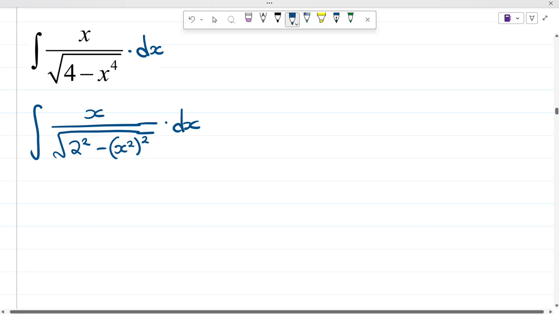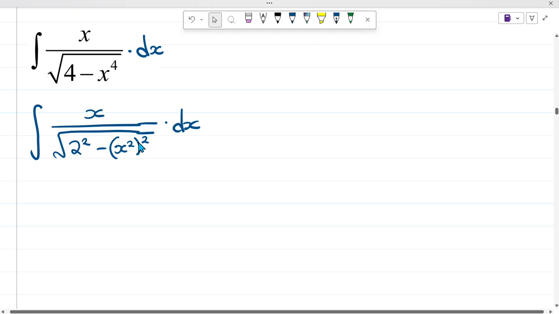What you need to do here is make sure that on your numerator you have the derivative of this, for you to be able to use one of the inverse formulas, because you can already see that we do have the format whereby we have a squared minus x inside the square root. On our denominator we have a squared minus f of x squared, right?